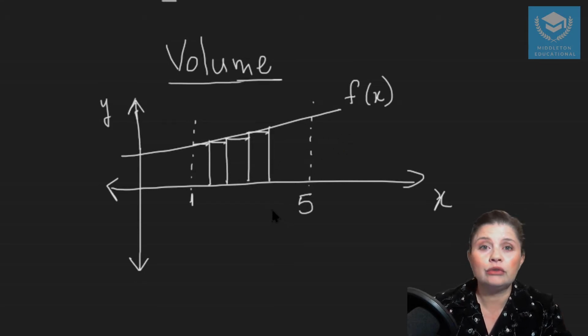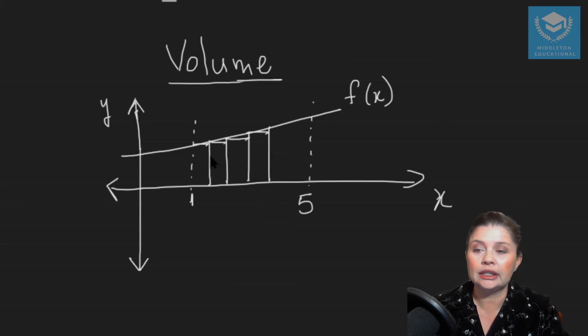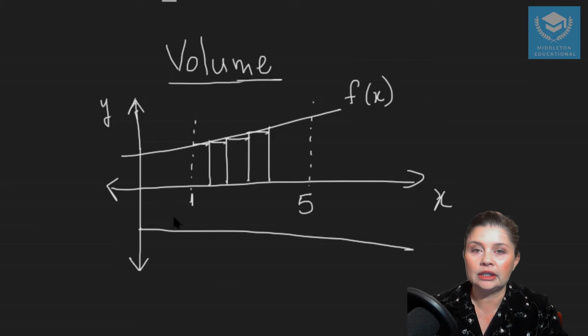Now, when we do volume, what we are going to be doing is taking this and rotating it around the x-axis. So when I say rotate, we're going to have a function that looks like this, right? We're going to assume that this is symmetric. My drawing is not that great, but we're going to assume that this is symmetric.